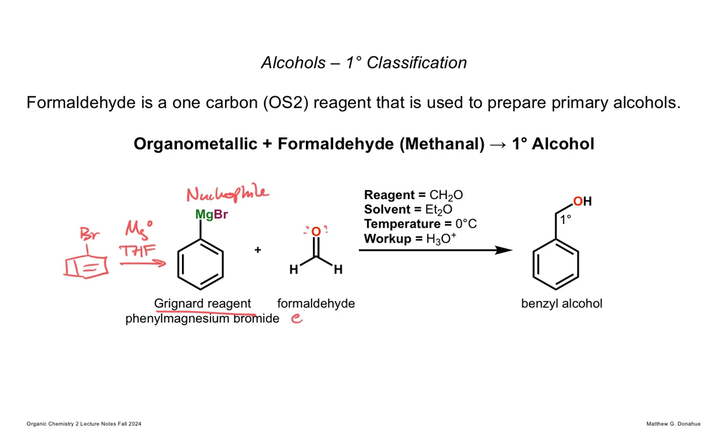The formaldehyde is the electrophile. So delta minus, delta plus. We know that that carbon is minus. Put a plus charge on the magnesium. So that negative is attracted to that positive. We break that pi bond. And that's called a nucleophilic addition.